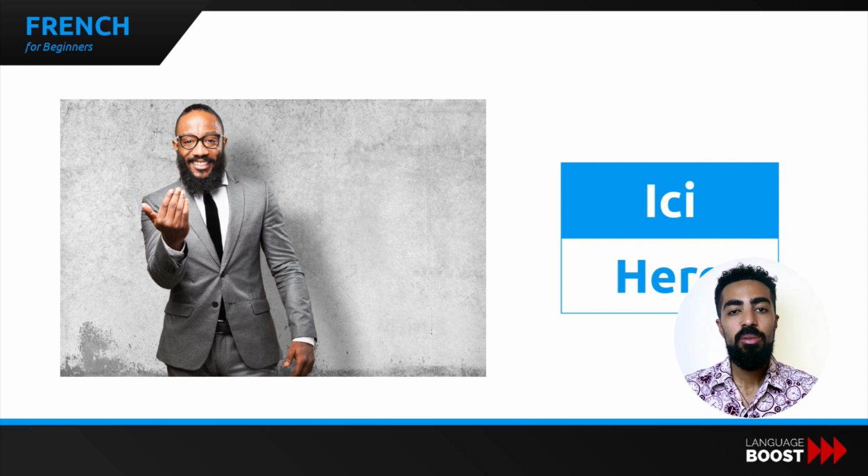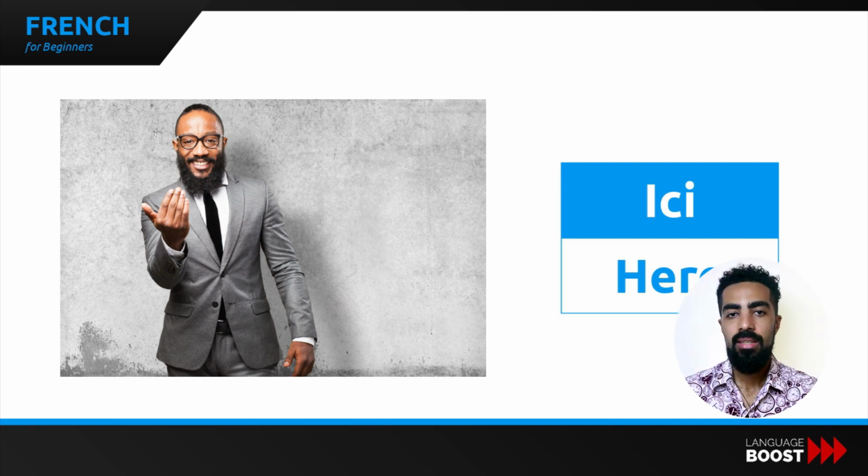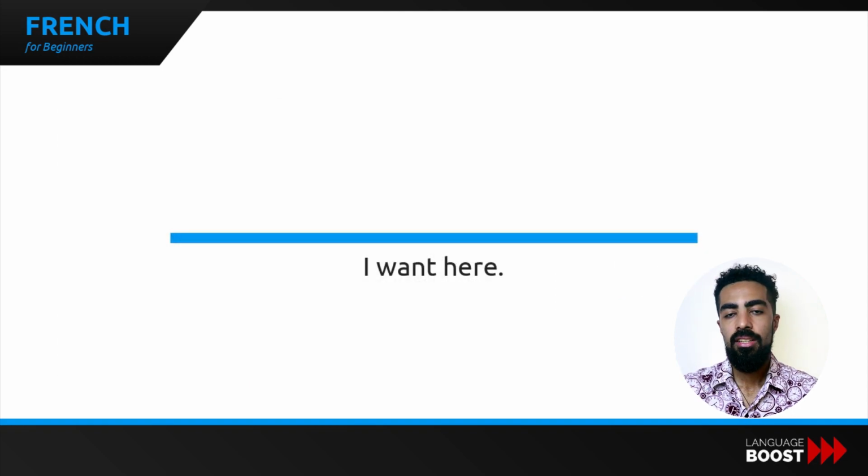So maybe you're pronouncing the word here as easy, but no, it's the opposite. It's ici. So you put the stress on the last syllable of the word. So let's listen to this word one more time. This is how you say here in French. Ici. Right. Ici.